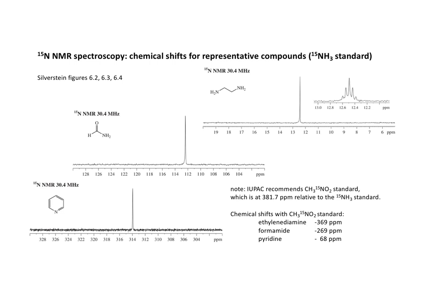This slide shows nitrogen-15 NMR spectra for a few representative compounds. Alkyl substituted amines are more shielded than sp2 hybridized amides or heterocycles, such as formamide and pyridine, respectively. These spectra are proton decoupled.